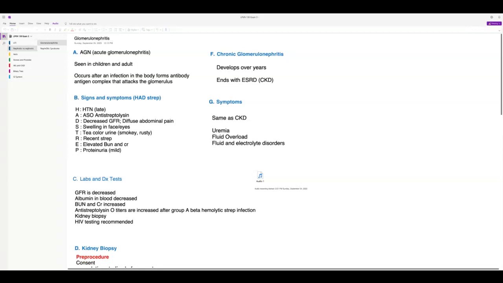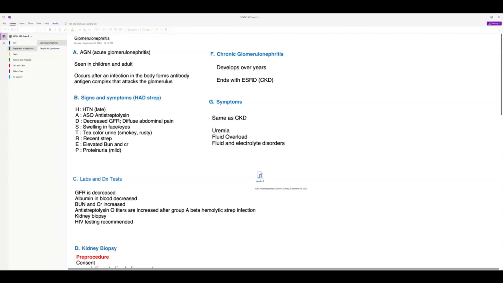And the reason they have that is because this usually happens after a strep infection. D is for decreased glomerular filtration rate. And you have to know what that means. Glomerular filtration rate is 125 milliliters per minute. That's the normal. It decreases when the kidney function goes down, and it goes back to normal when the kidney function gets better.